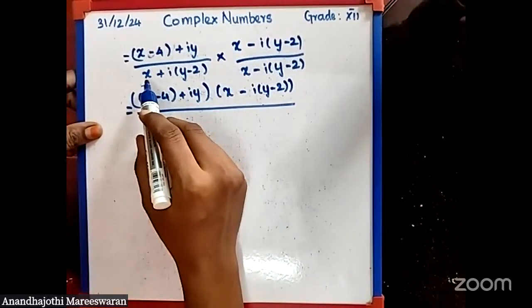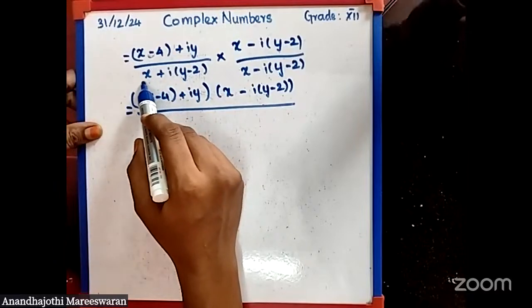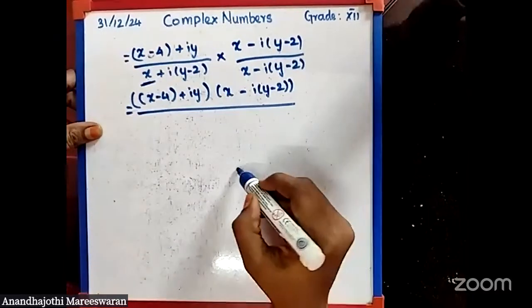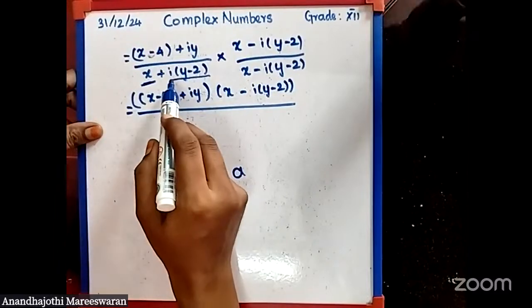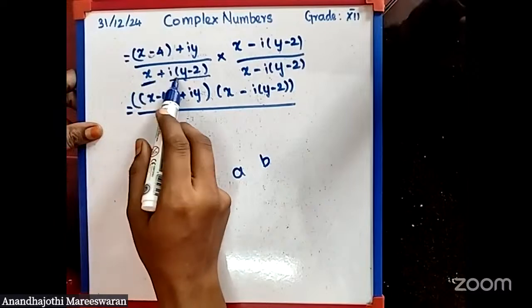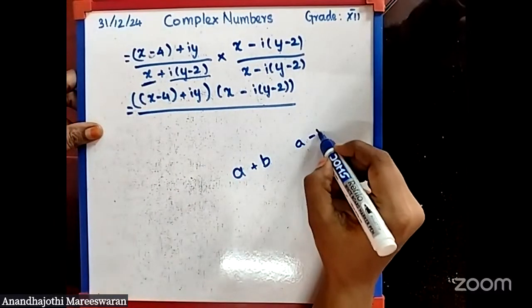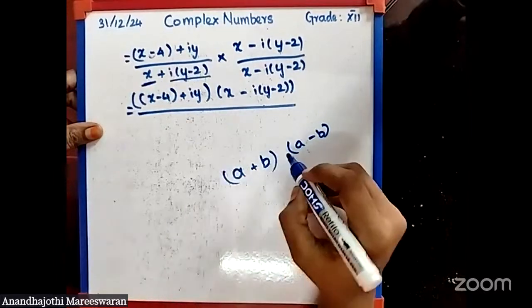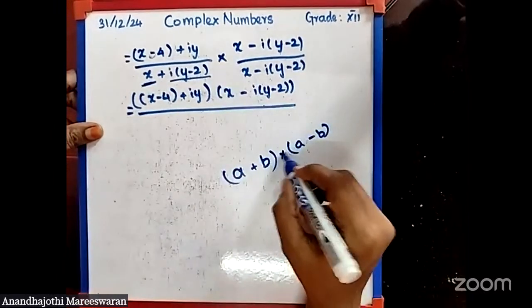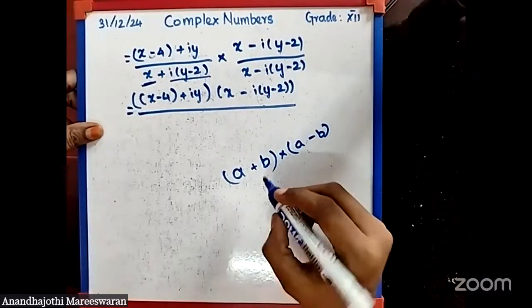Now see the denominator. In which form does it lie? Consider the term x as a and the term i multiplied by (y minus 2) as b. So this one lies in the form a plus b and this one lies in a minus b. What we are going to do here is multiplication. So what is the formula for (a plus b) multiplied by (a minus b)?